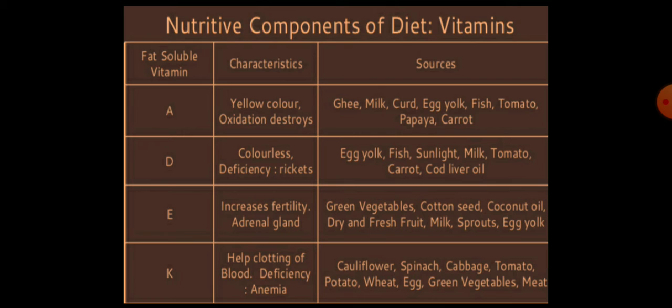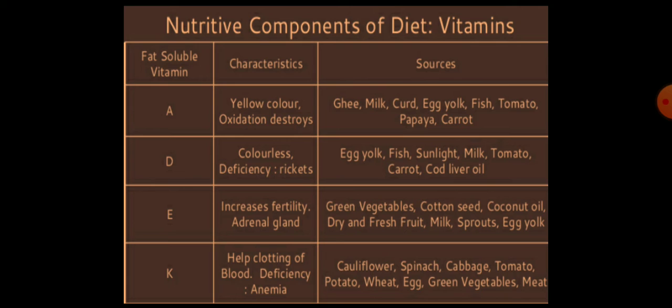Sources of vitamin A: ghee, milk, curd, egg yolk, fish, tomato, papaya, and carrot. Vitamin D is synthesized in our body in the presence of sunlight, and the sources are also there: egg yolk, fish, sunlight, milk, tomato, carrot, and cod liver oil.